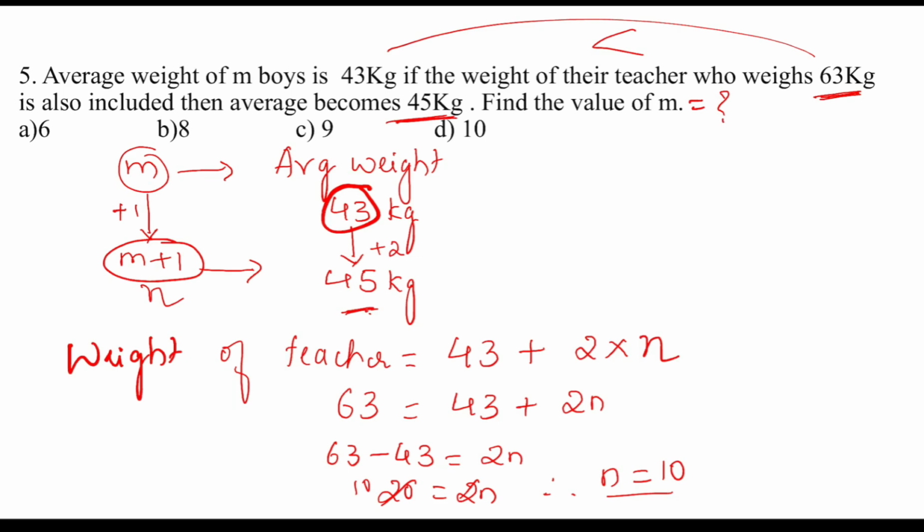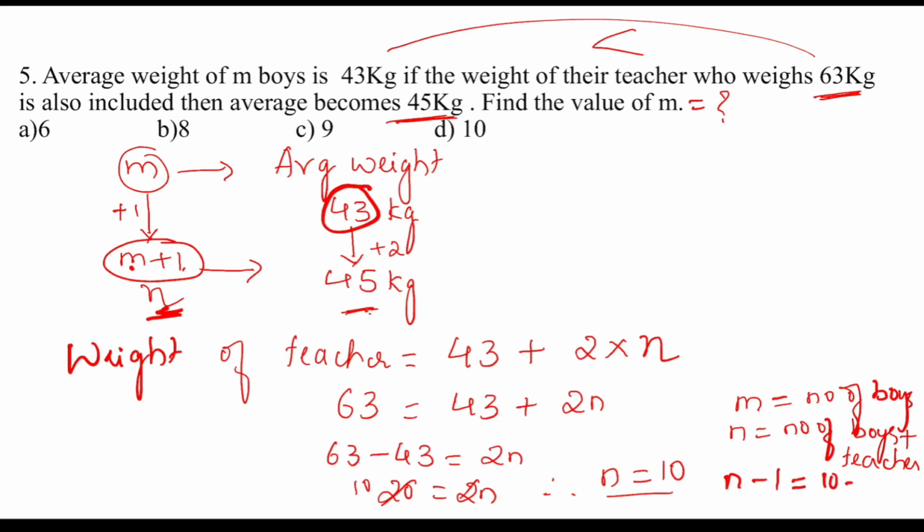But I want m. m is the number of boys. n is the number of boys plus the teacher, that is m plus 1. I want only the number of boys, so n minus 1, which is 10 minus 1, equal to 9. So m is equal to 9 is the answer.